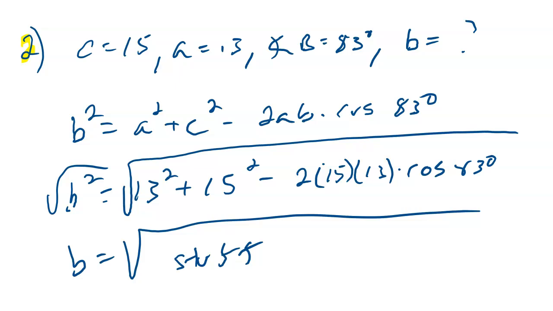Square root of 13 squared plus 15 squared minus 2 times 15 times 13 times cosine of 83 degrees. I got 18 some change. Yep, 18.6, perfect, no big deal.